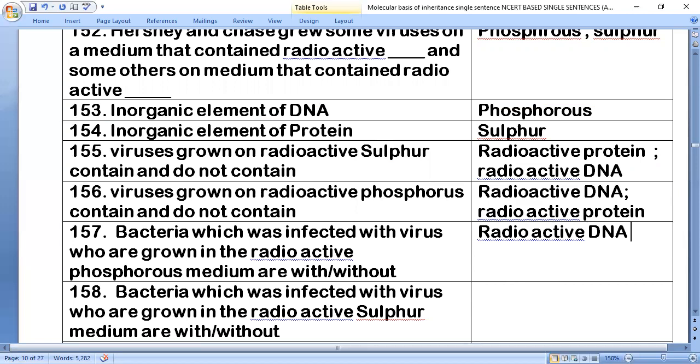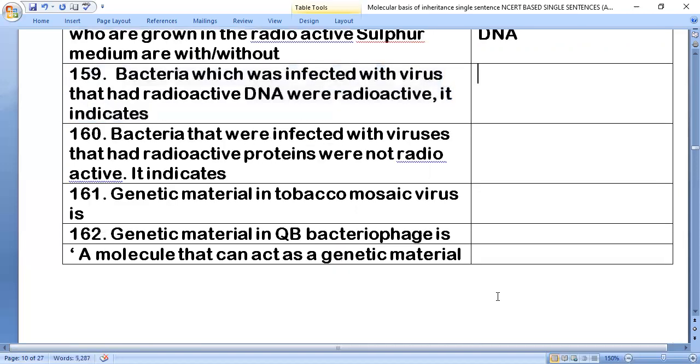Bacteria which were infected with virus that has radioactive DNA were radioactive.